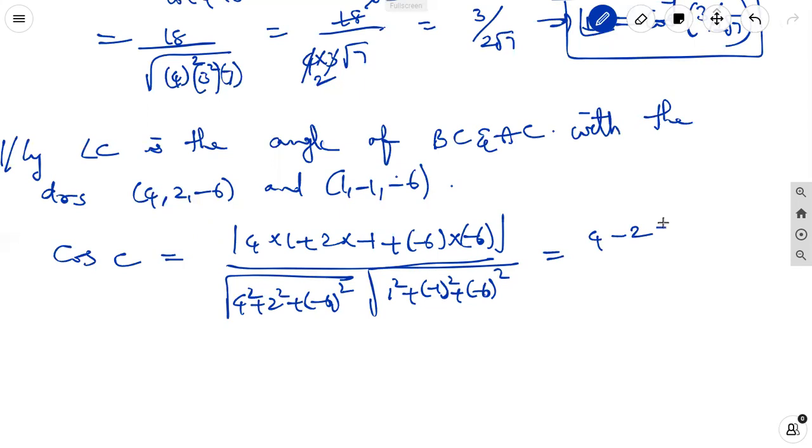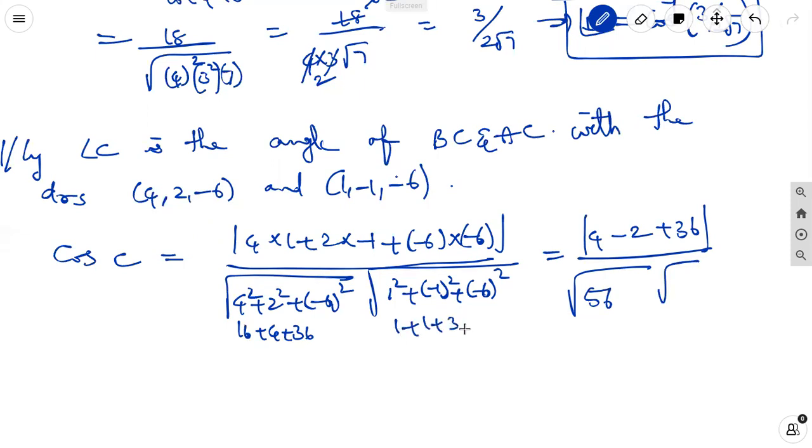That is (4 minus 2 plus 36) modulus by under root of (16 plus 4 plus 36), which is 56, and under root of 1 plus 1 plus 36, which is 38.